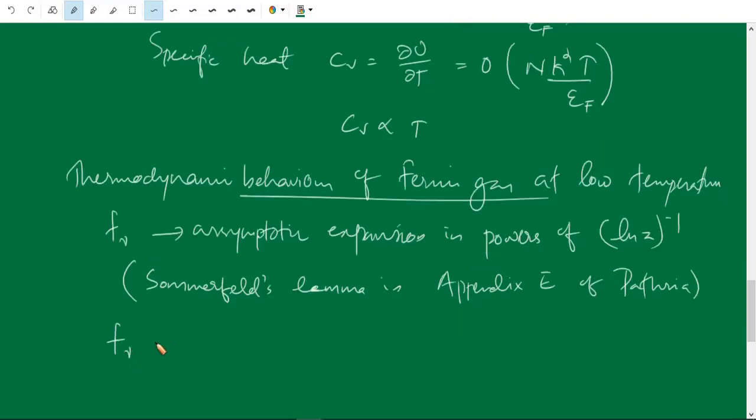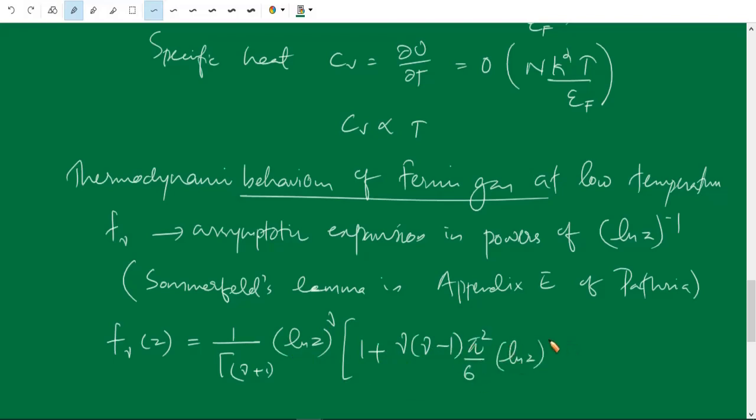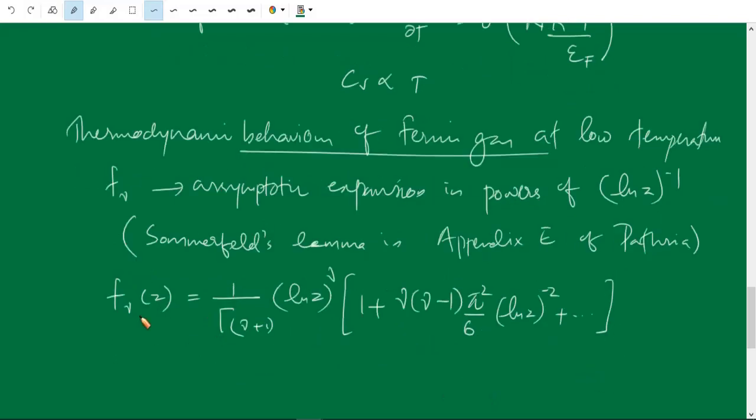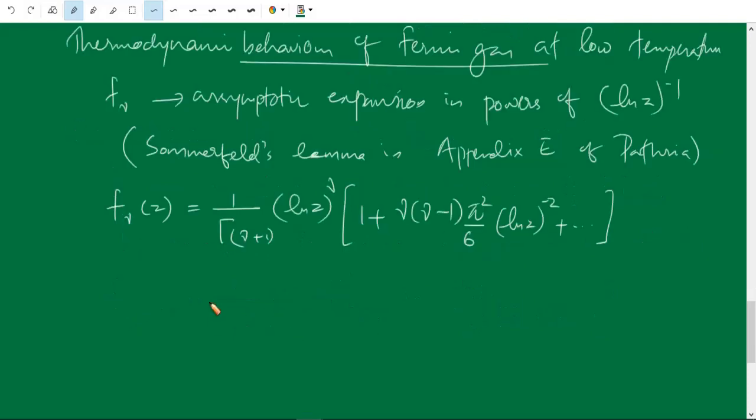So we can write f nu of z, with (log z) raised to -1 whole raised to 4 terms also. To the first approximation we can put it like this. This is the value of the Fermi-Dirac function f nu of z in terms of powers of (log z) raised to -1.